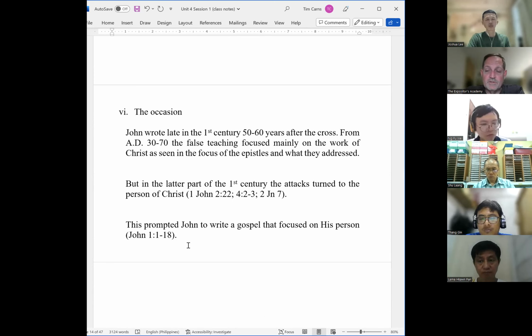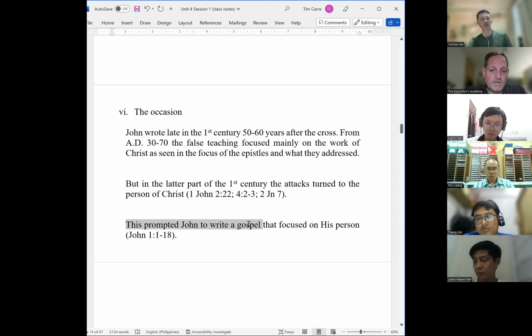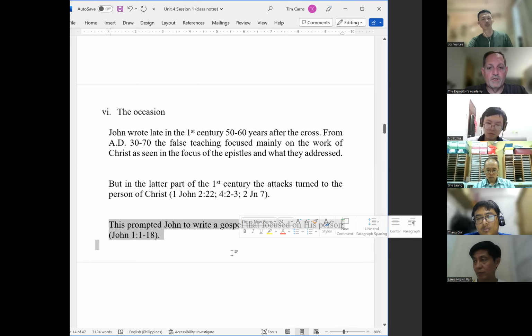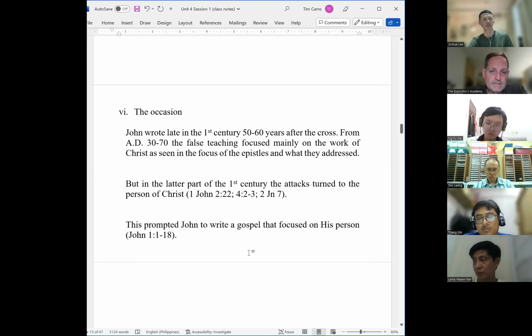Sometimes this is very difficult to find out for narratives, but in John's case, as I described earlier, understanding the attacks on the person of Christ during the latter part of the first century gives us insight into what prompted John to write this gospel to focus on the person of Christ, as he says in his purpose statement.